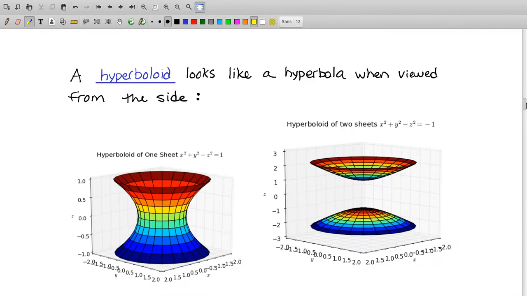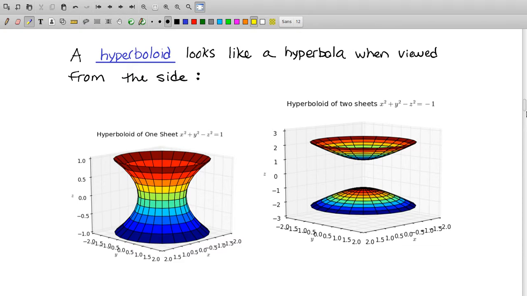One of the more exotic shapes is called a hyperboloid. It's a shape that looks like a hyperbola when you view it from the side. These are hyperboloids arranged in the z direction. There are two kinds of hyperboloid. One is a hyperboloid of one sheet. We look at it from the side, and we see that it looks like a left and right facing hyperbola.